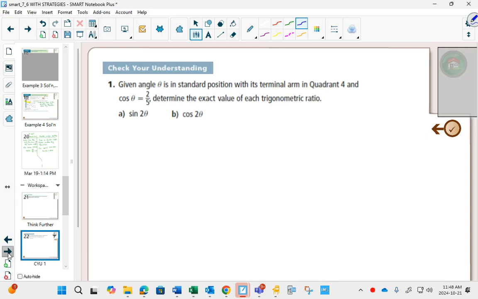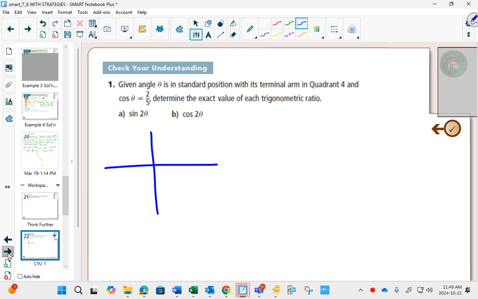This is a typical triangle question. In fact, the first part of this sentence, up to the comma, is exactly like questions you've had in Chapter 6 and in Chapter 7. Given angle theta in standard position with its terminal arm in quadrant 4, and cos theta equals 2/5, this is how we have a normal triangle question. What do you do?